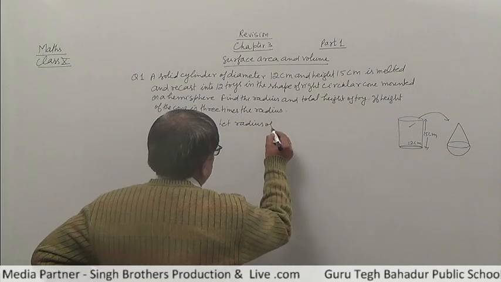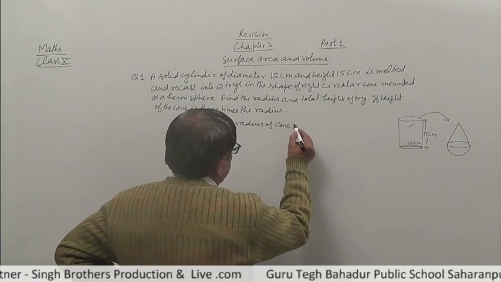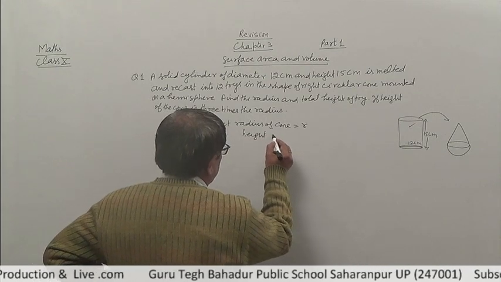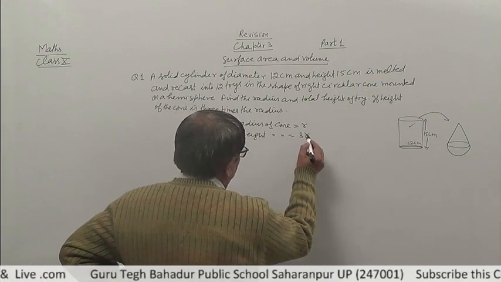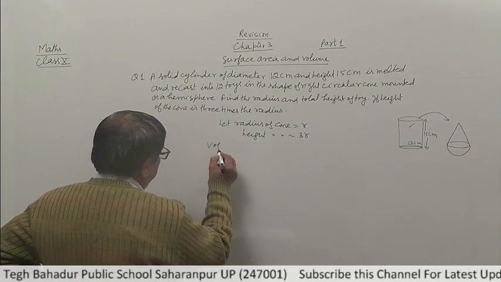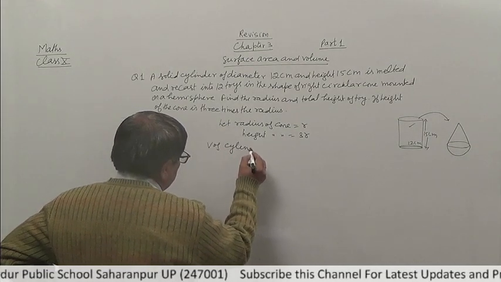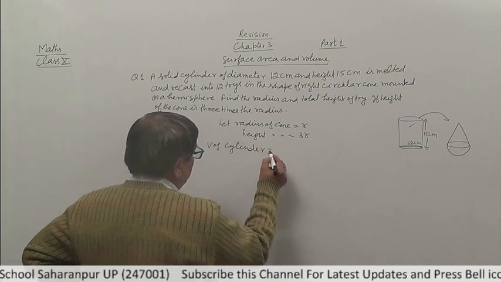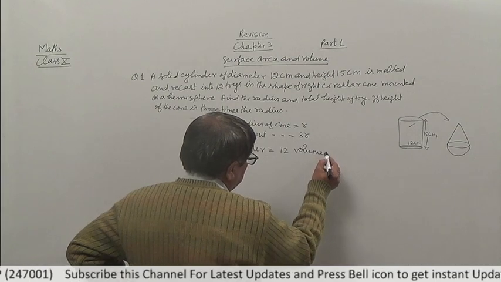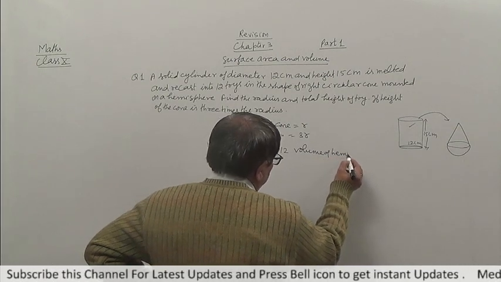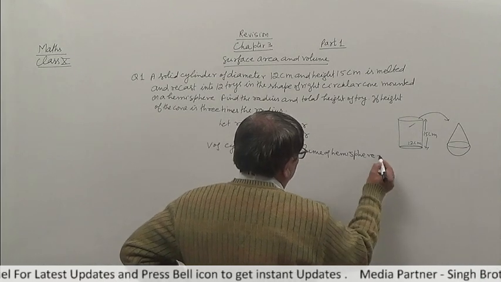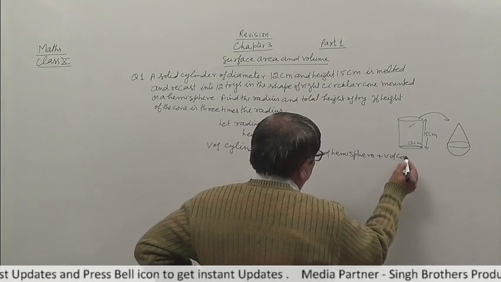Let the radius of the cone be r1 and the height of the cone be 3r1. Volume of cylinder is equal to 12 into volume of hemisphere plus volume of cone.